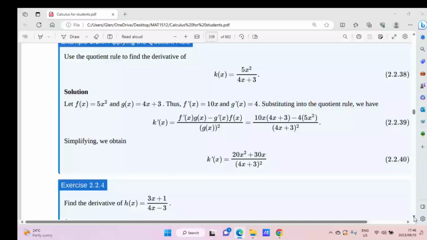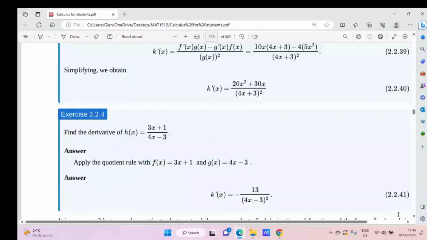This is what we have been looking for. Thank you, all of you who didn't expand, even those who expanded, that's what we are looking for.